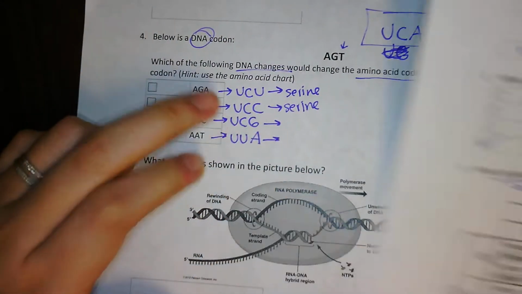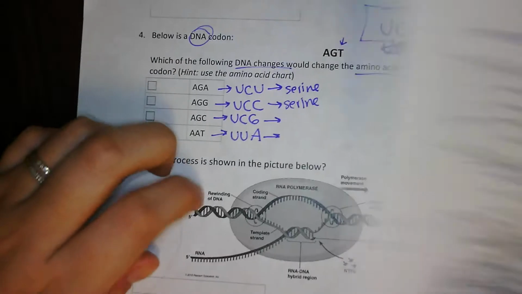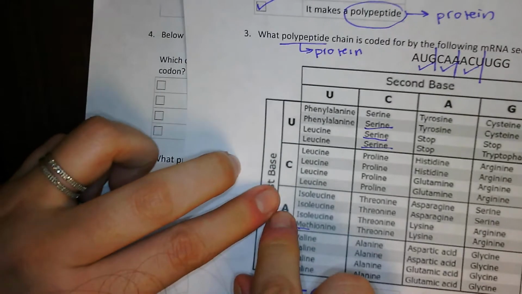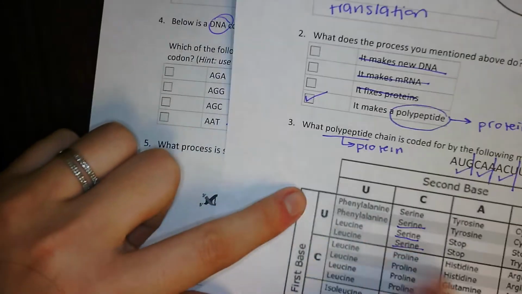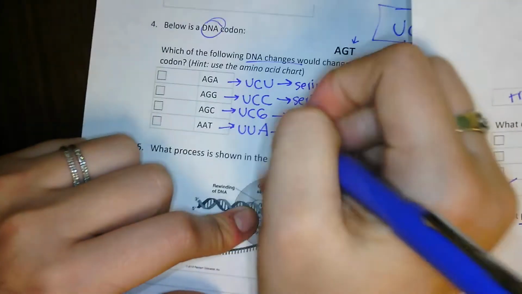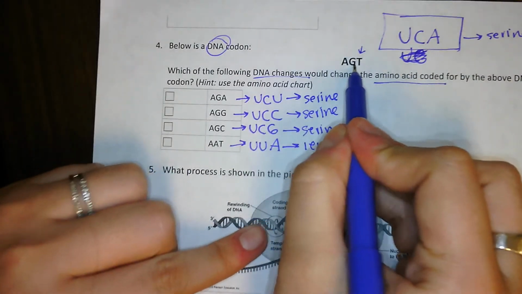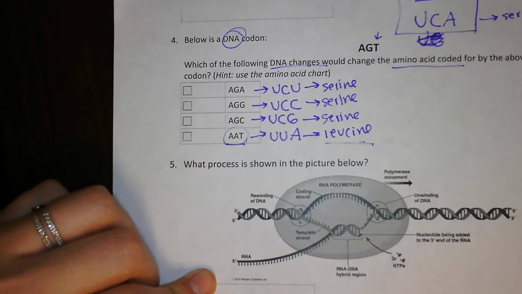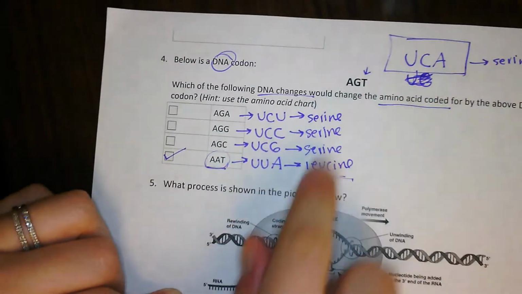U, C, G. That is still serine. And U, A, sorry. U, A. That's leucine. So if my DNA changed from AGT to AAT, is the only one that would actually change my amino acid. So D is the only one that changed my original amino acid from serine to leucine.